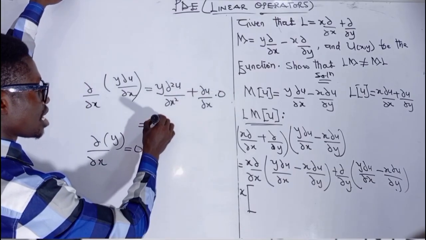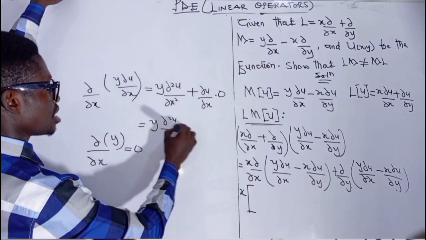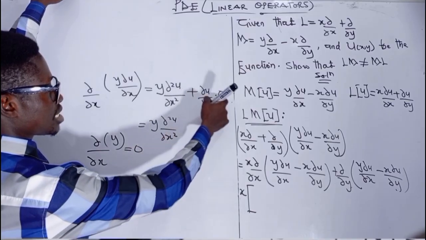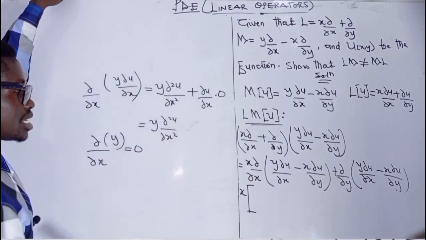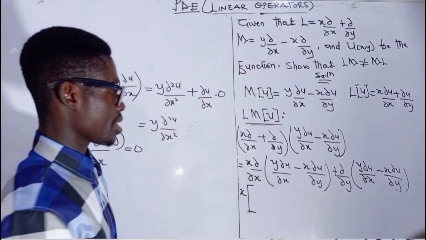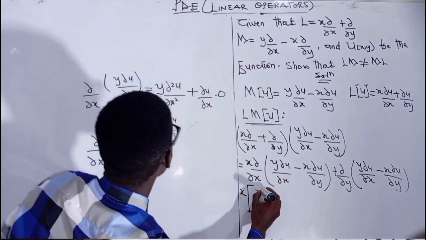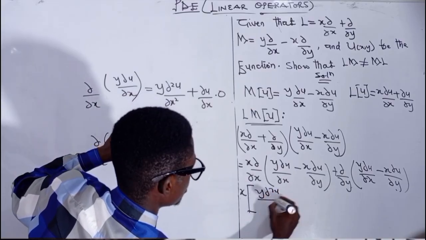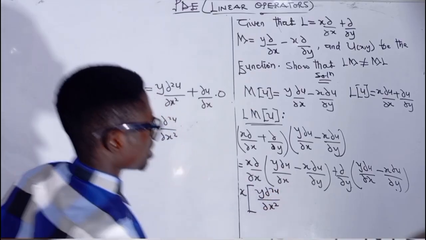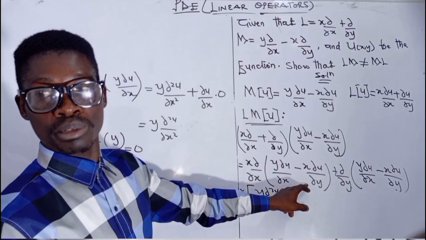So at the end, we are going to have y ∂²u/∂x². This times this will give us 0. So at the end, we are getting y ∂²u/∂x² for this. Then we move on to this particular one.